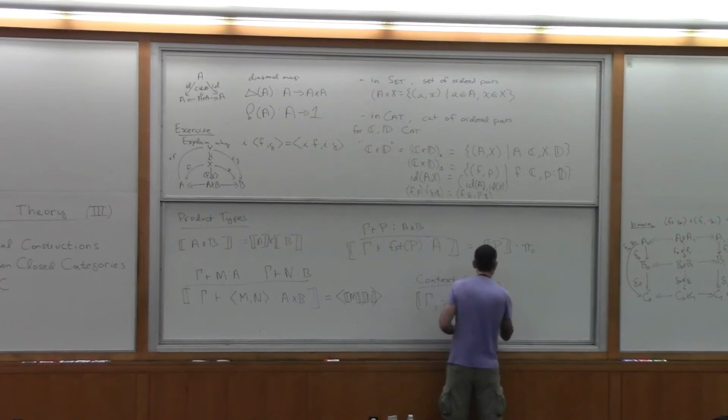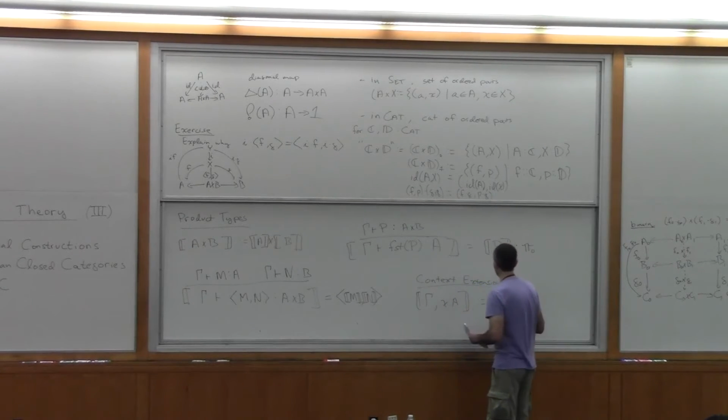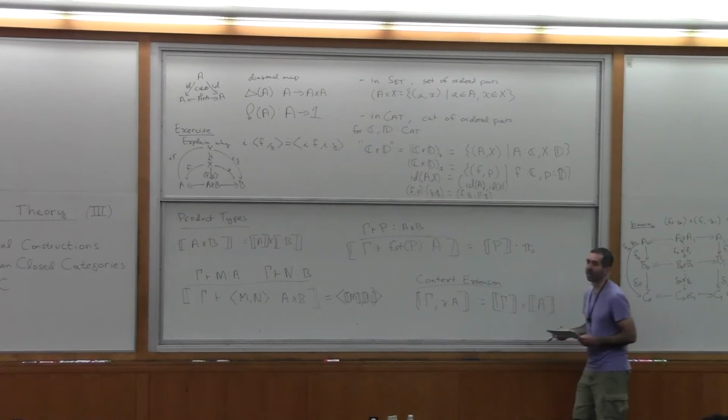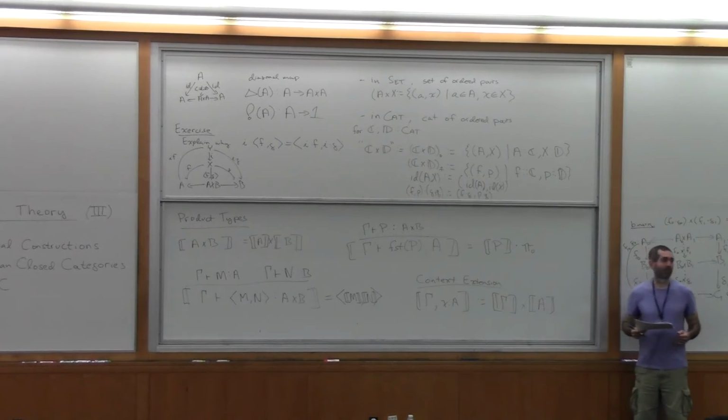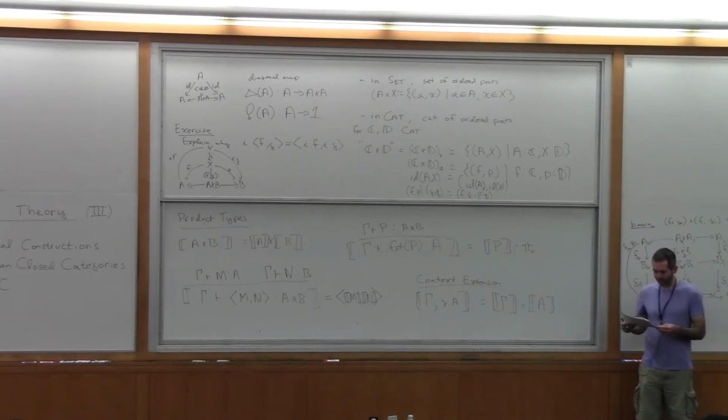And this can be whatever the interpretation of the context we're extending is, recursively, and take the Cartesian product of the interpretation of the type of the new binding. So you should read more about this in the notes. I'm not going to say more about it now.